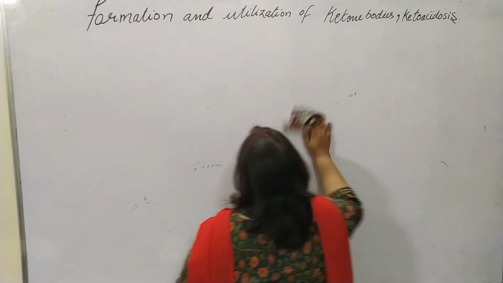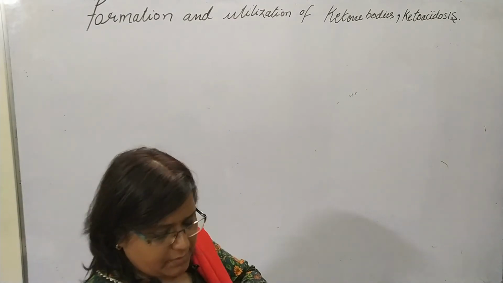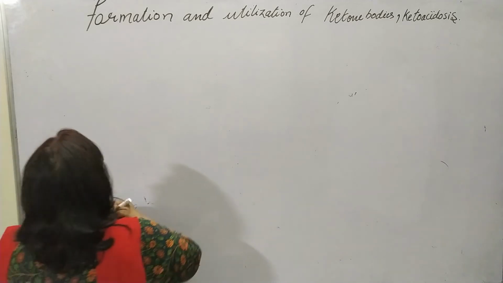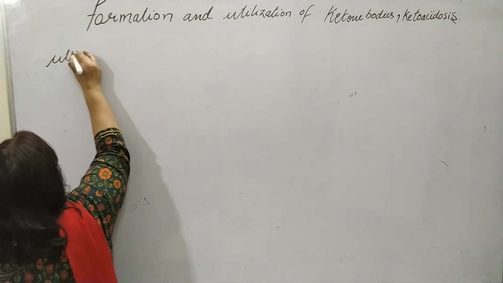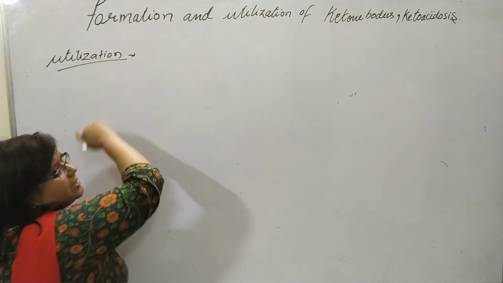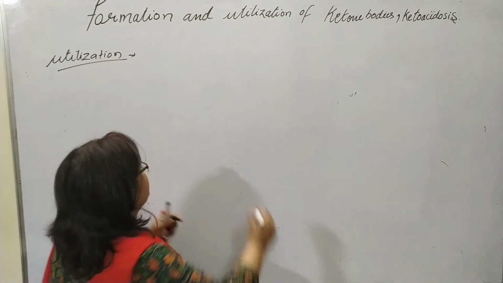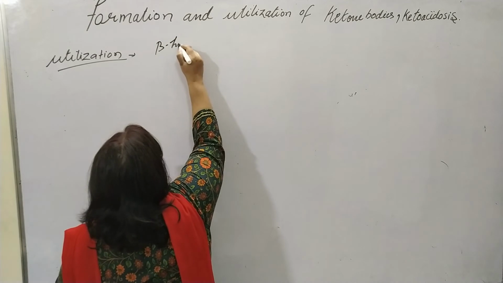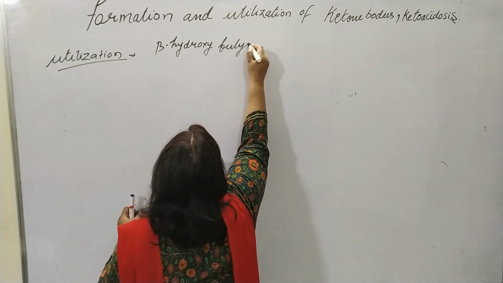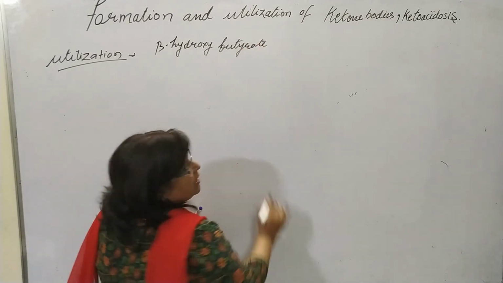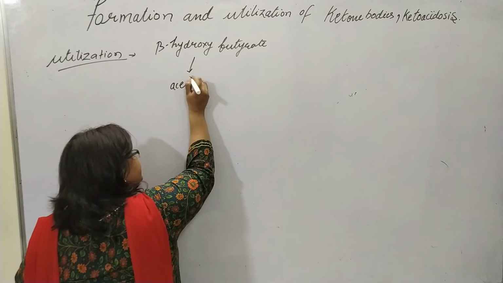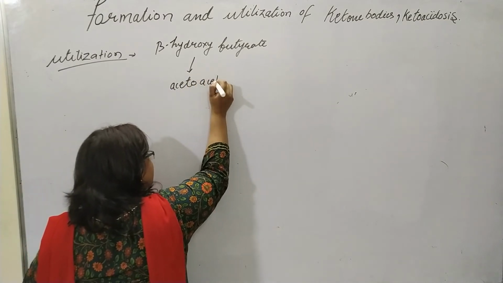Here the utilization is that, as we have discussed, only some selective organs or sites utilize these ketone bodies for energy generation. So here is the utilization of beta-hydroxybutyrate, which will convert into acetoacetate.